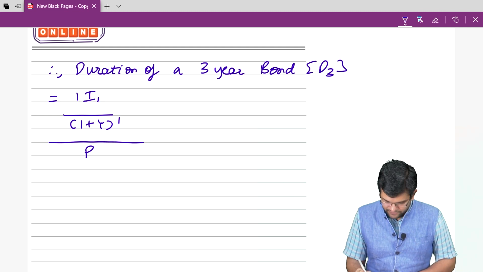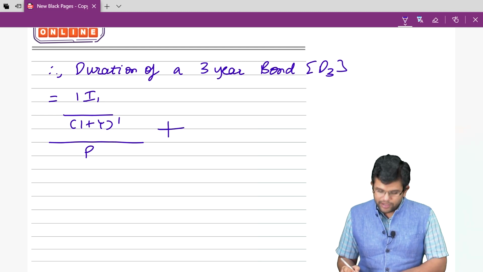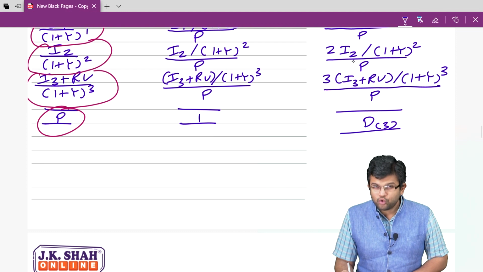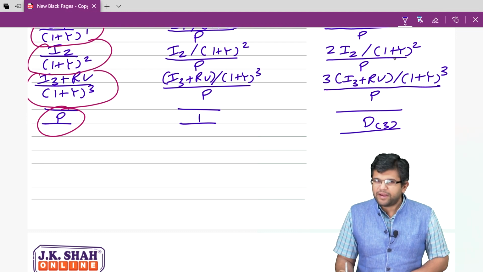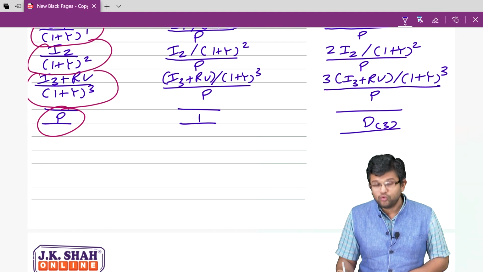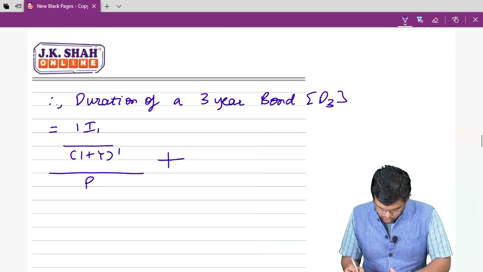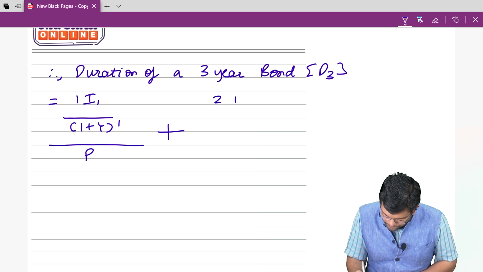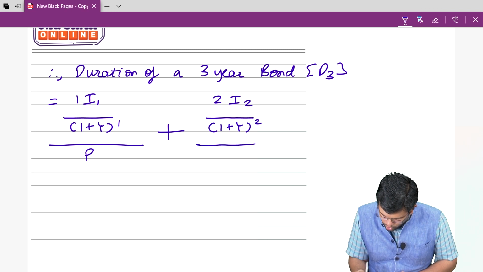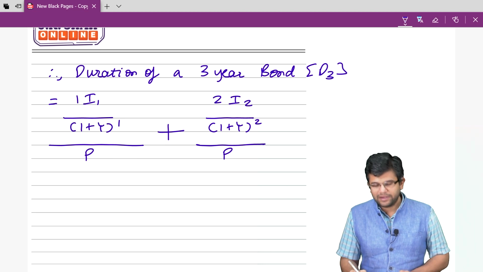Everybody clear? This is the first term. Plus, children, the second term is what? 2I2 divided by (1 plus Y) raised to 2, the whole divided by P. So I'll write down here plus 2I2 divided by (1 plus Y) raised to 2, the whole divided by P. Everybody clear till here?